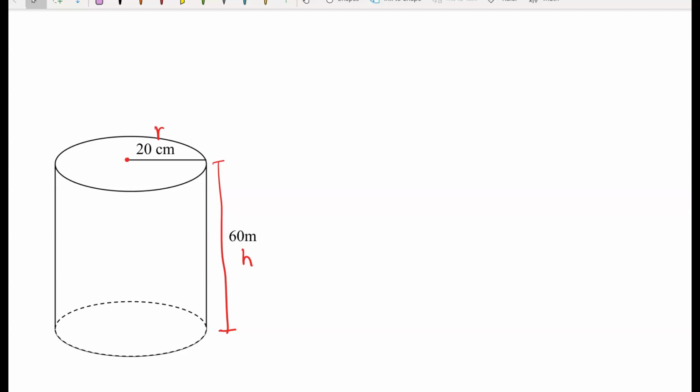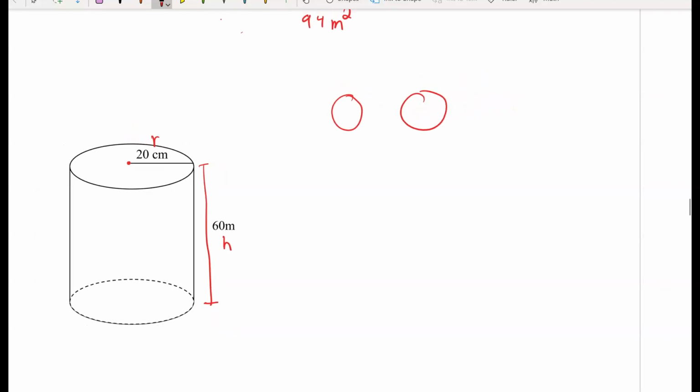If you think about a cylinder, you have a circle at the top and a circle at the bottom. These aren't the best circles I've made, but they'll do the job. So we have a circle at the top, a circle at the bottom. To calculate the area of a circle, you use pi r squared.